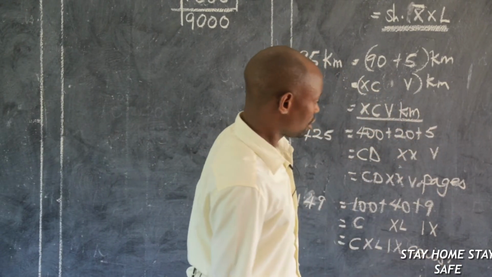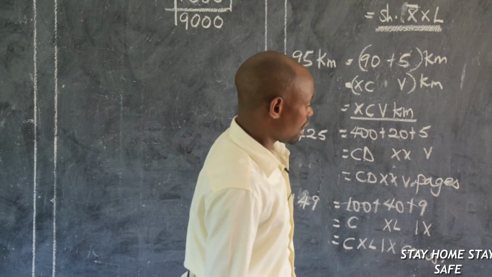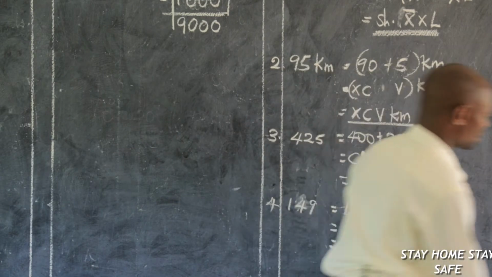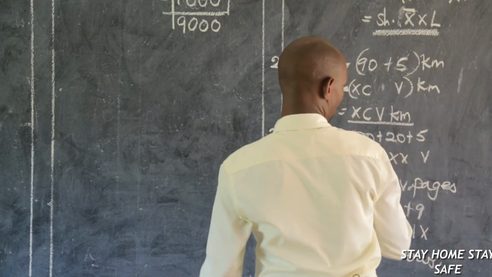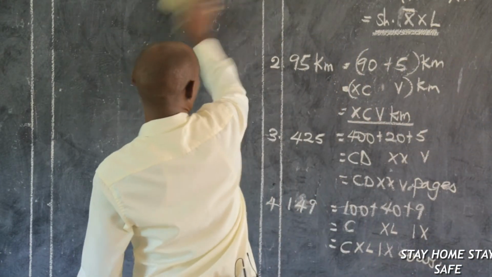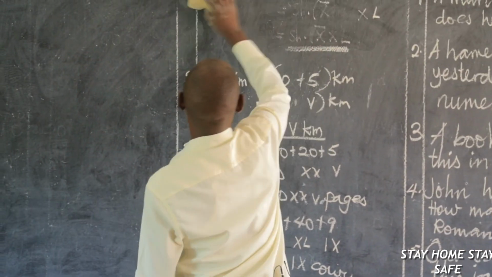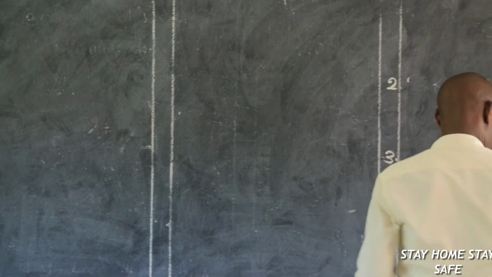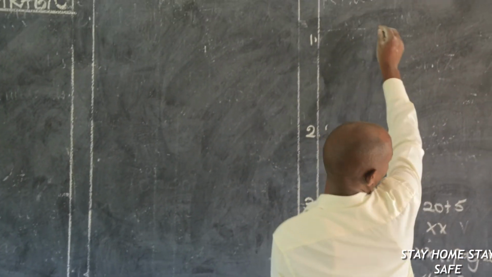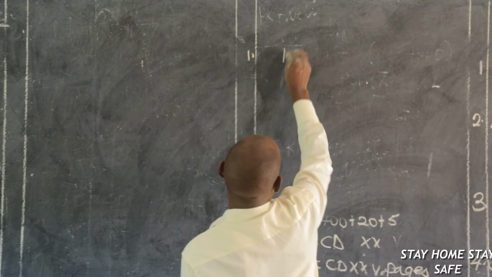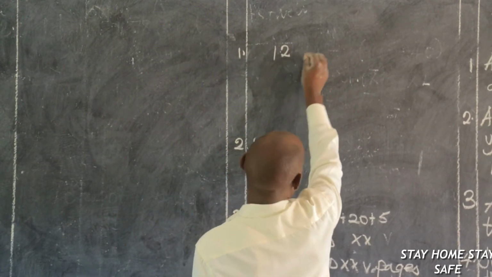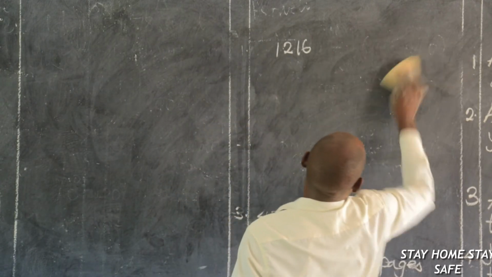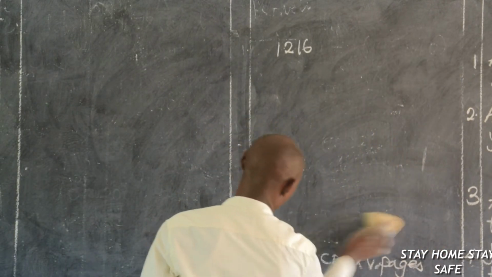Then finally, we have this one. Our school has 1,216 pupils. Write this in Roman numerals. So we begin by expanding. 1216, which we are supposed to write in Roman numerals.